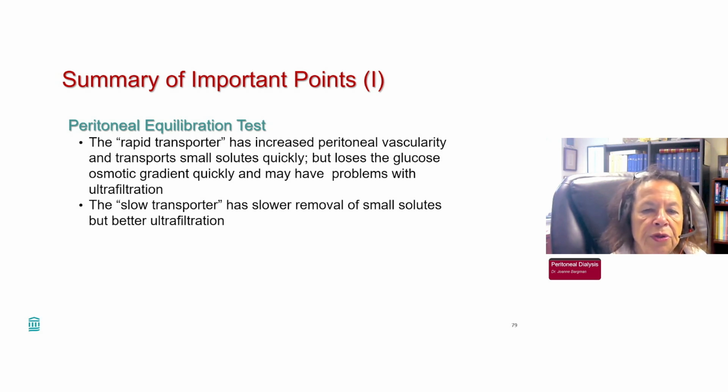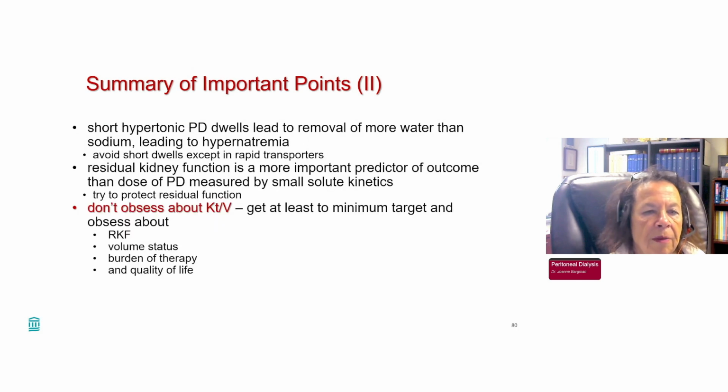Unfortunately, it also loses the glucose osmotic gradient more quickly, and they may have problems with ultrafiltration. The slow transporter is the opposite. Short hypertonic dwells lead to removal of more water than sodium, leading to hypernatremia. So avoid short hypertonic dwells.